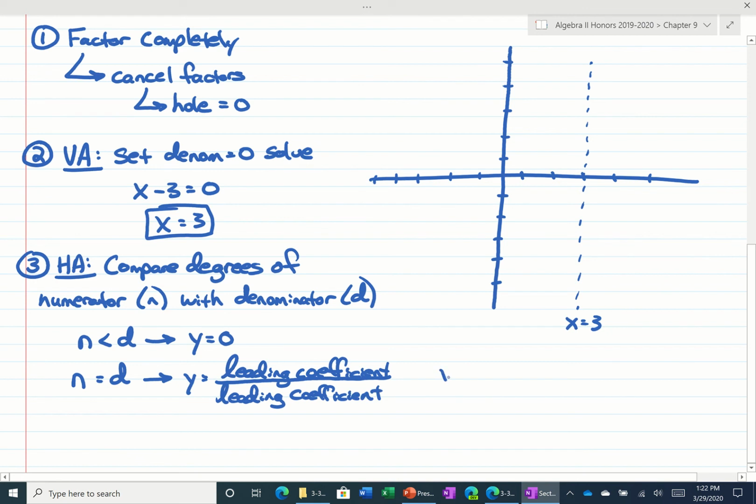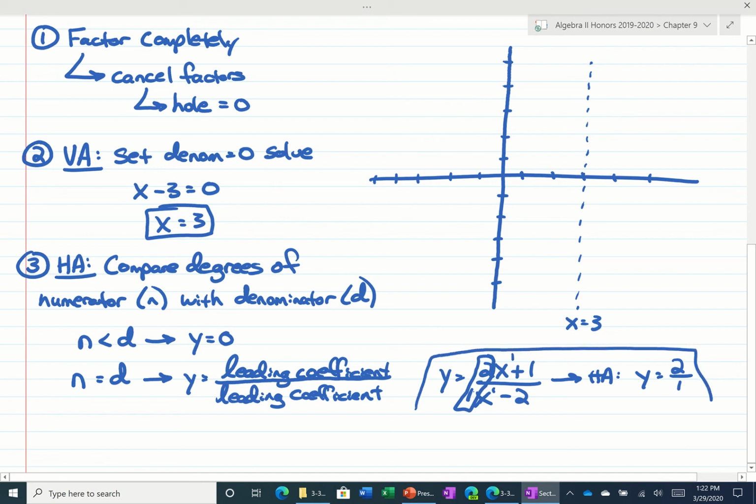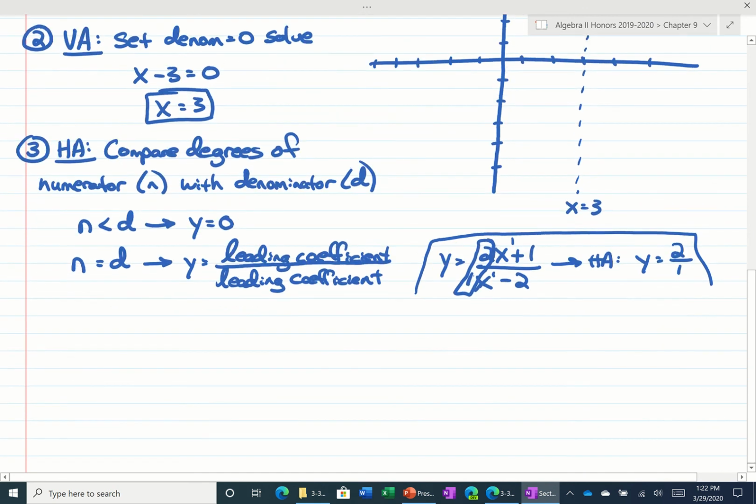This would be a problem like if you had y is equal to 2x plus 1 over, say, x minus 2 or something. We can't factor that, but because the degrees are the same, the horizontal asymptote here would be y is equal to 2 over 1, the leading coefficient of the top divided by the leading coefficient of the denominator. That's not related to this problem. That's just kind of like a separate idea to demonstrate that.